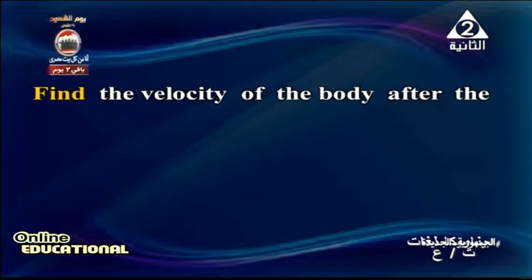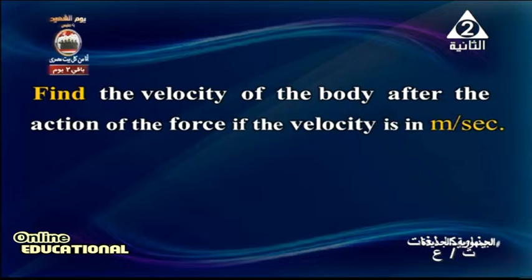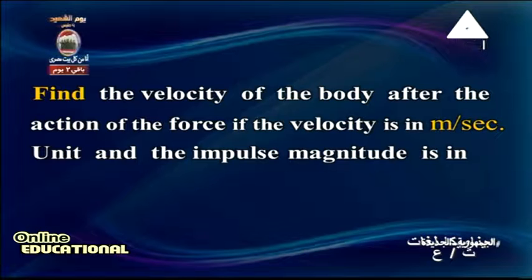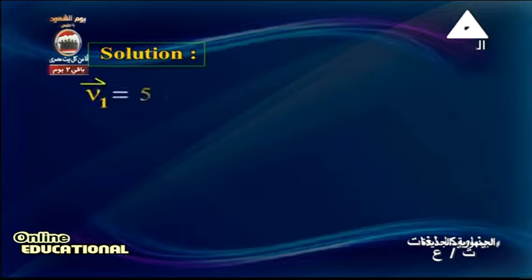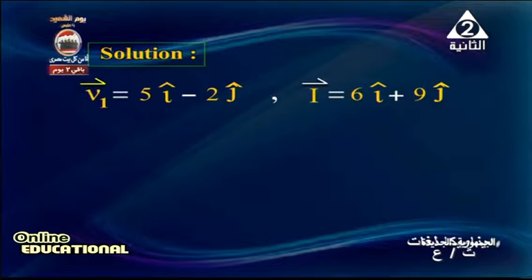Find the velocity of the body after the action of the force, if the velocity is in meters per second and the impulse magnitude is in Newton seconds. Now we have velocity v1 equals 5i − 2j, and the impulse I equals 6i + 9j.